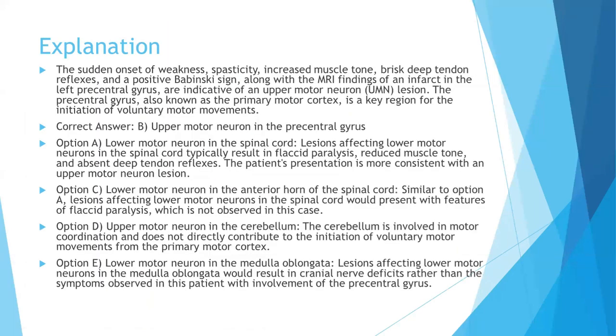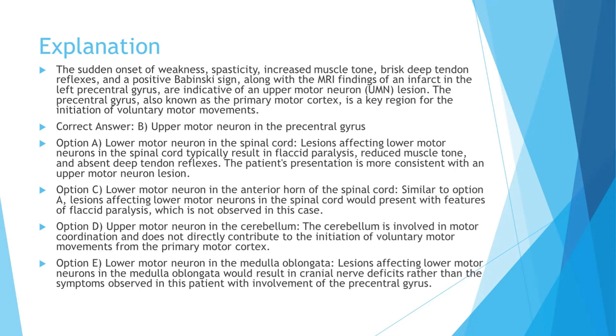Now, the lower motor neuron in the spinal cord, affecting the element in the spinal cord, typically results in flaccid paralysis. Our patient has spastic paralysis, whereas lower motor neuron lesions give reduced muscle tone and absent deep tendon reflexes. But in our patient, there are exaggerated deep tendon reflexes, as we have just studied. The lower motor neuron in the anterior horn of the spinal cord, similar to option A, will present with features of flaccid paralysis, which is not observed in this case.